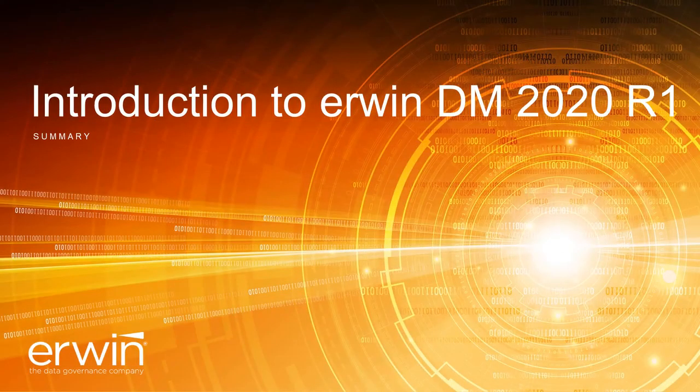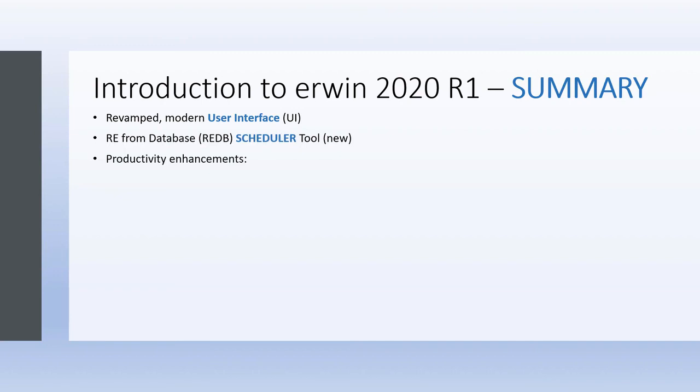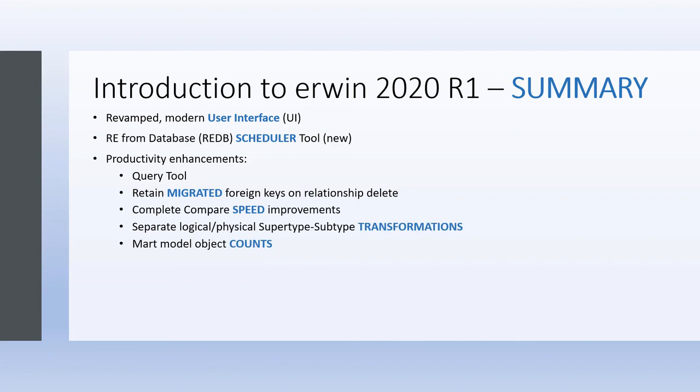Okay, let's take a moment to summarize. In this release, we have revamped to a modern user interface, added reverse engineering from database scheduler tool. The productivity enhancements we've added are the query tool, retain migrated foreign keys on relationship delete, complete compare speed improvements, separate logical physical subtype supertype transformations, and MART and model object counts.